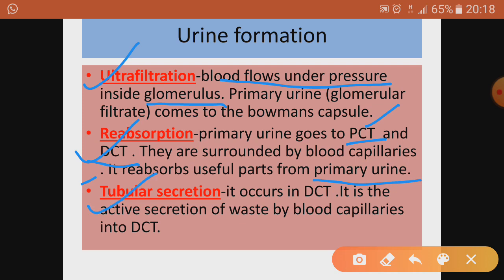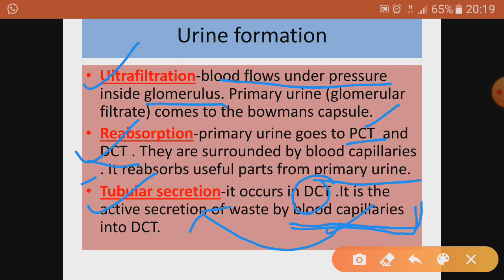Now tubular secretion. Tubular secretion occurs basically in DCT, the distal convoluted tubule. It is the active secretion of waste by the blood capillary. Now, if the blood capillary has some waste which is not excreted and which is not given to the primary urine, the blood capillary will try to give the waste to the nephron.